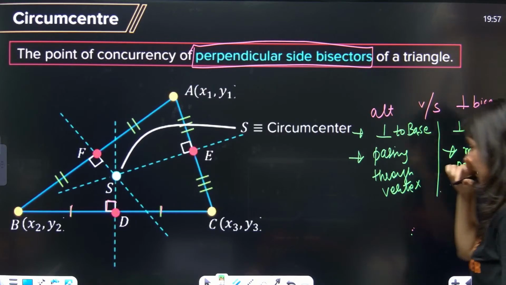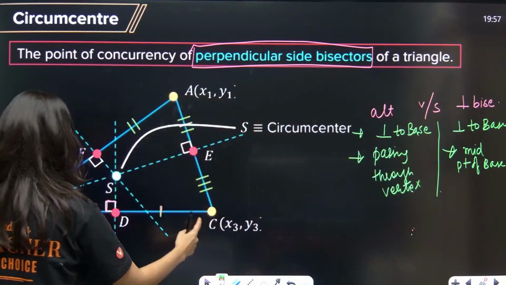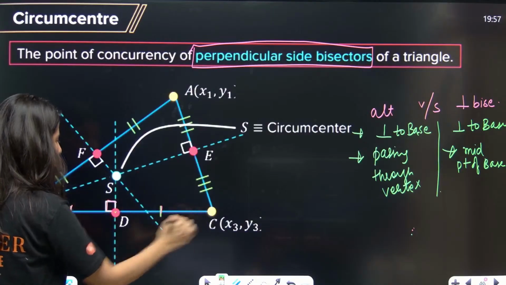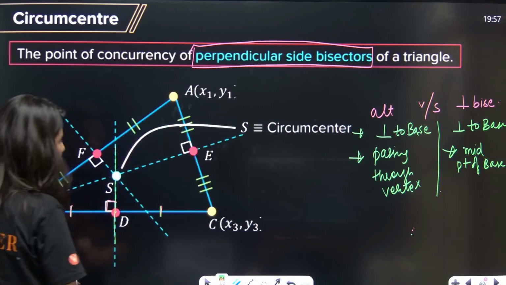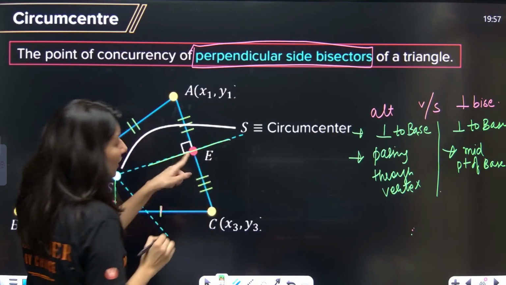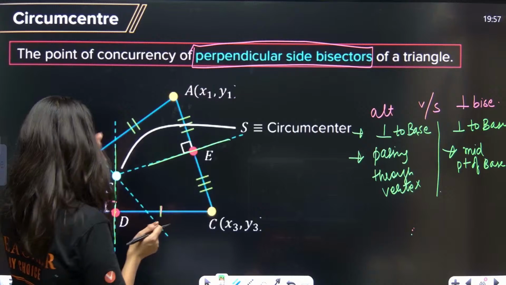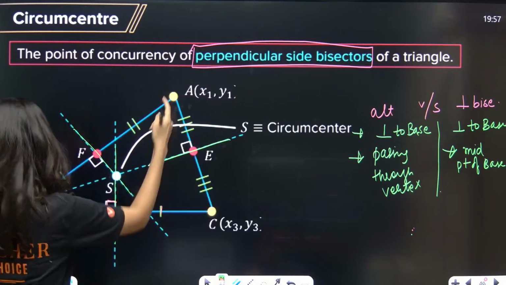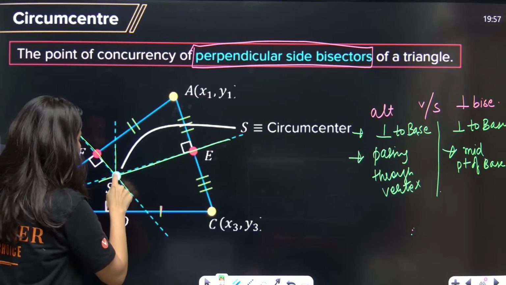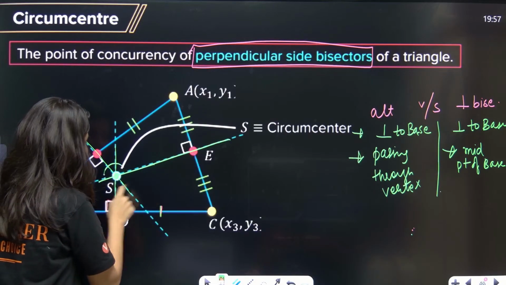Everybody clear? So this is your base, this is your midpoint. A line perpendicular to BC and passing through D will look like this. A line perpendicular to this and passing through the midpoint of this side is this. A line perpendicular to AB and passing through the midpoint of AB is this. Now the point of concurrency of the 3 perpendicular bisectors is this.